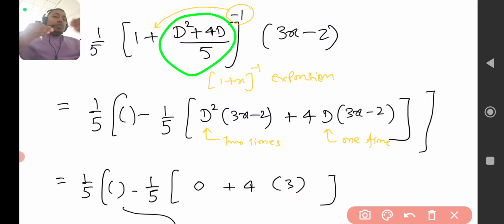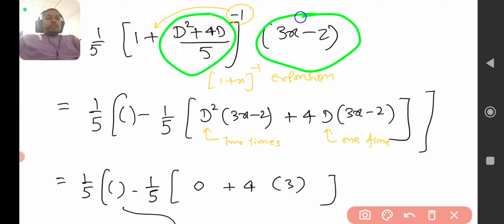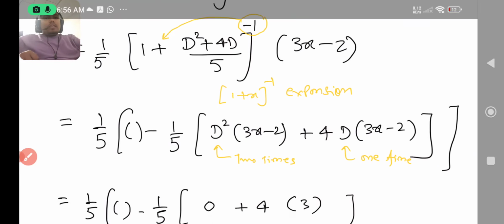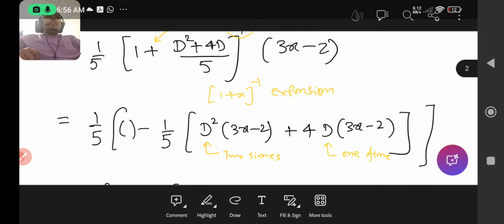Now how long will you expand? For that also I told you a trick. You check the power here. If the power is more, like suppose x power 6 is there, x power 7 is there, x power 5 is there, then you will expand the terms so that you reach D power 3, D power 4, D power 5. The last power should match with the x power. But currently D square itself is a bigger power than the x power.